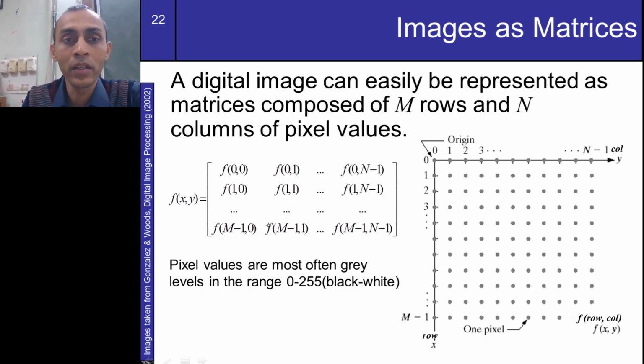A grayscale image is a 2D matrix, and a 3D color image will be represented as a 3D matrix.